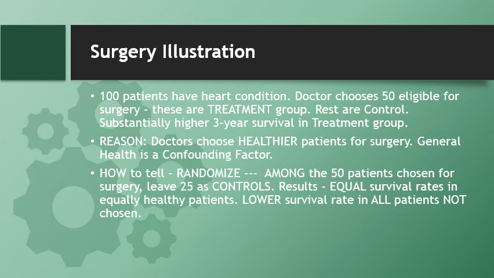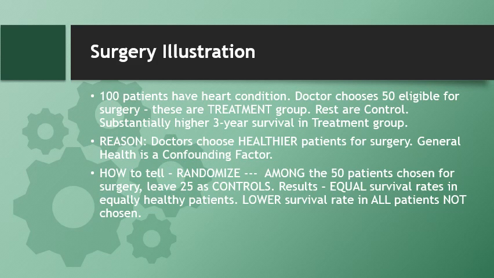So in fact, what happens is that the doctors end up choosing the healthier patients, the ones who have minimal complications. So the health of the patient before going into surgery is a confounding factor. The treatment group is generally healthier than the control group.